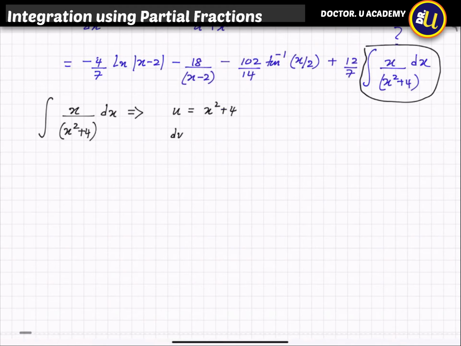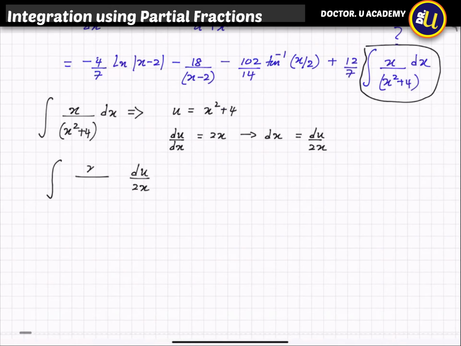Then what is du? I will differentiate with respect to x, so that would be 2x. So I get dx as du divided by 2x.